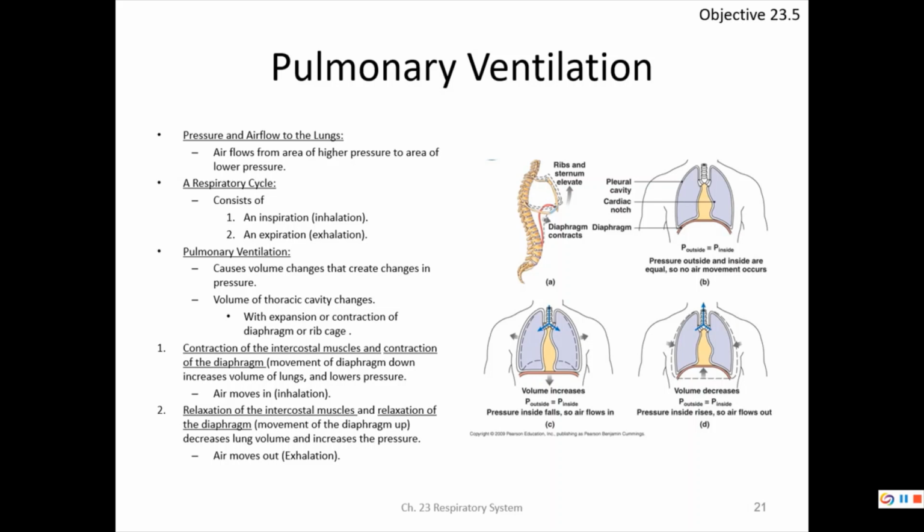Now, if we contract the diaphragm, which means the diaphragm is being pulled downwards here, and we are contracting the intercostal muscles, expanding the ribs, pulling the diaphragm down, you will increase the volume of the lungs. Now, how does this work? Well, the visceral pleura is on the lung surface. The parietal pleura is fused to the inside of the ribs and to the diaphragm.